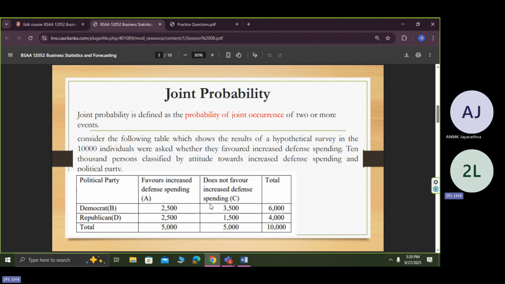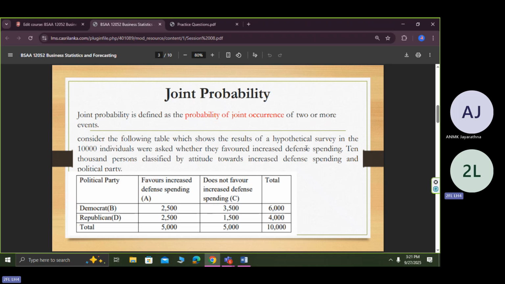This table represents results of a hypothetical survey. 10,000 individuals were asked whether they favored increased defense spending. So there are 10,000 respondents, and two variables: first their political party, and the other whether they favored increased defense spending.